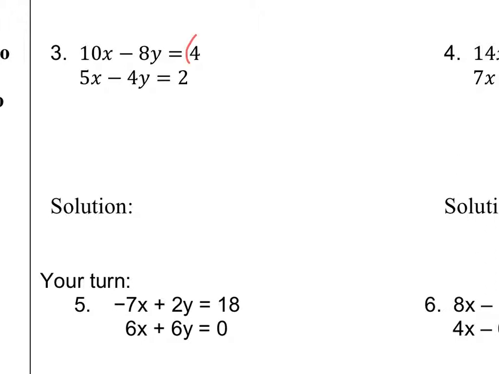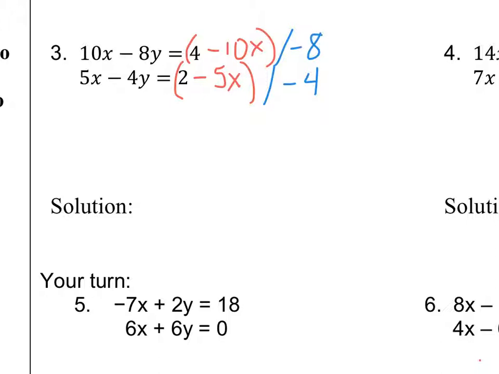Then we're going to do the opposite of the x, so -10x. And we're going to divide by the y number, which is -8. And our second one, we're going to do the right parentheses, opposite of the x, left parentheses, divide by the y number. Okay, pause the video, put those in, calculate the intersection.